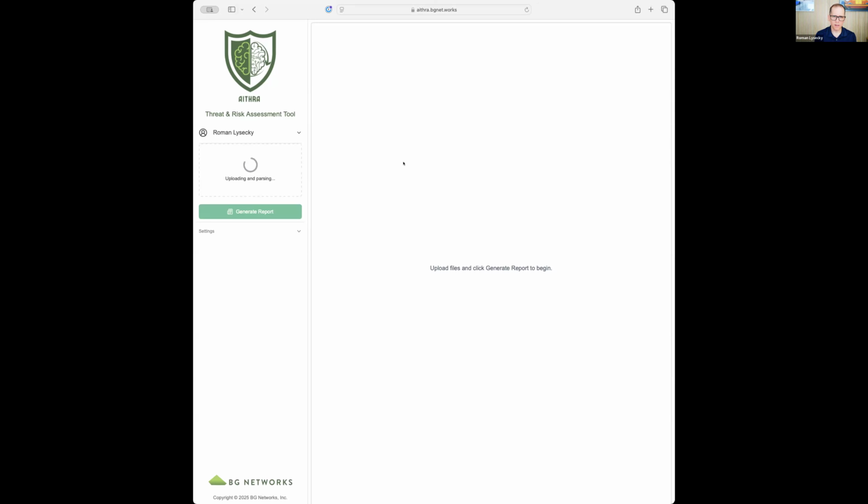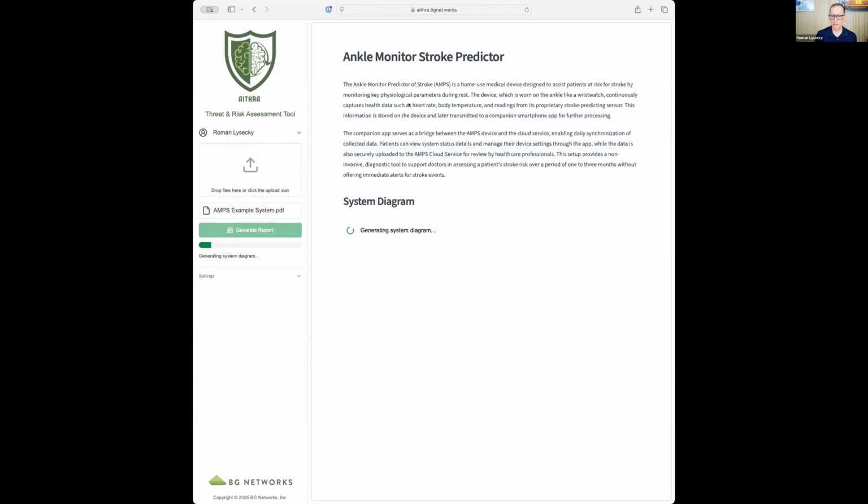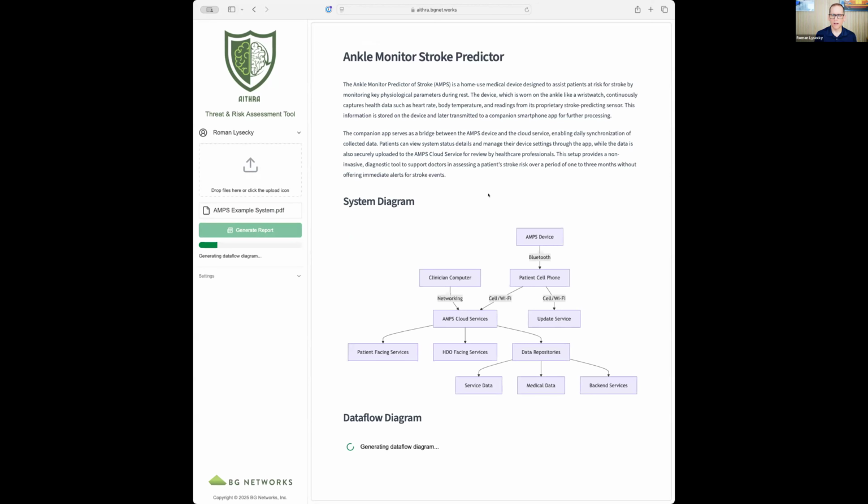It takes basically PDFs or image files with your descriptions. It'll parse and extract the information from existing documentation, including those diagrams to identify the figures, the data flow within the system. And then I'll just kick off the generate report. And so initially, the first things we'll get here is just a very high-level summary of the design, a description of the system diagram, so we should see the main components.